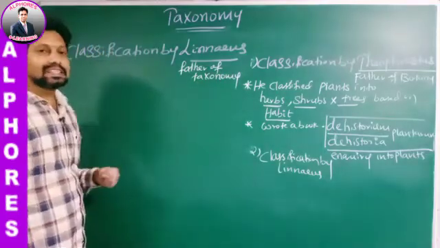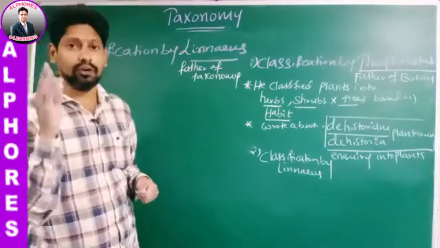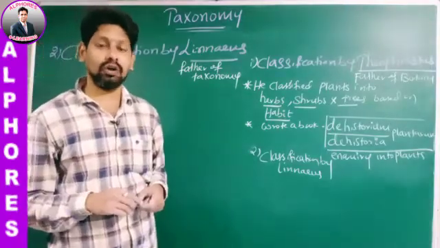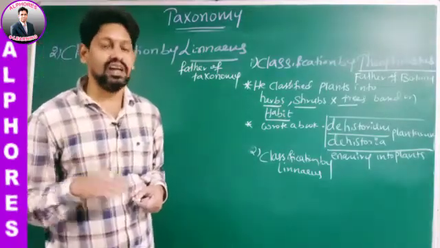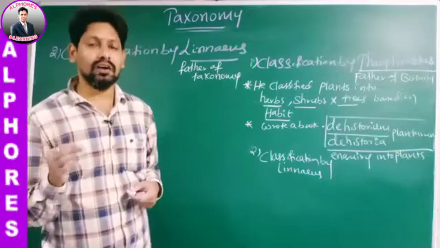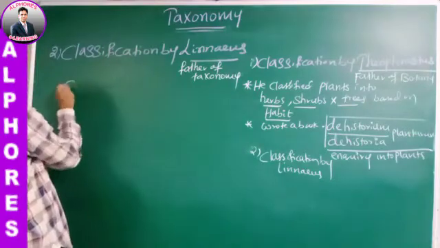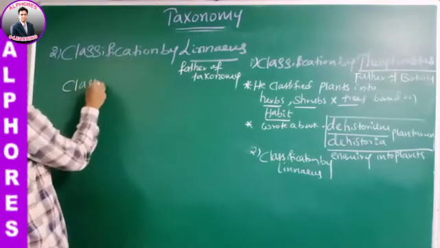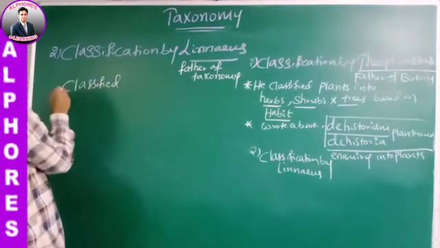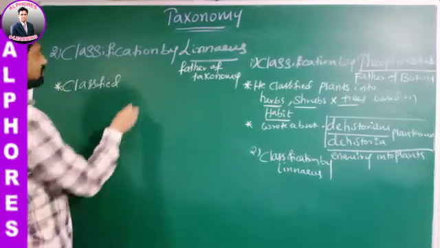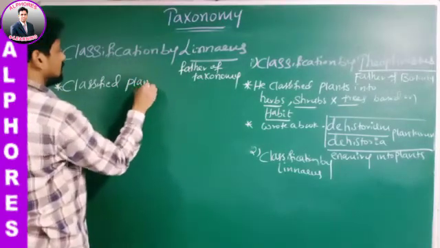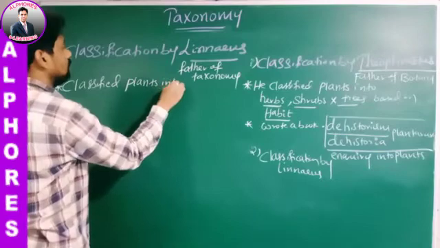Linnaeus classified plants into 24 groups, based on length, number and union of stamens and carpels. Linnaeus classified plants into how many groups?